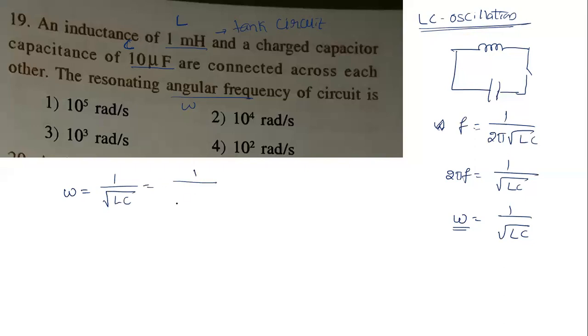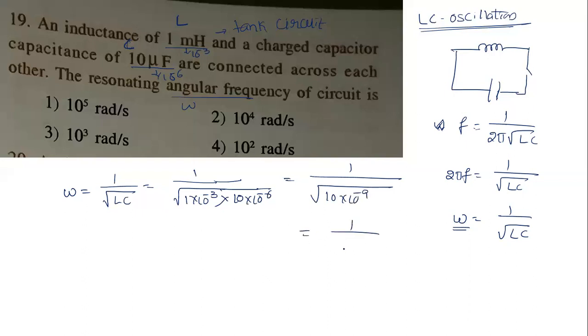That is equal to 1 divided by square root of L, which is 1 millihenry. So I'm going to write 1 into 10 power minus 3, because milli means 10 power minus 3, multiplied by capacitance, which is 10 microfarad. So 10 into 10 power minus 6, because micro means 10 power minus 6. Simplifying, it is 1 divided by square root of 10 into 10 power minus 9.